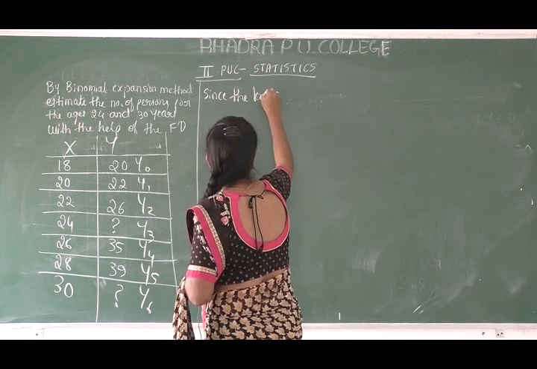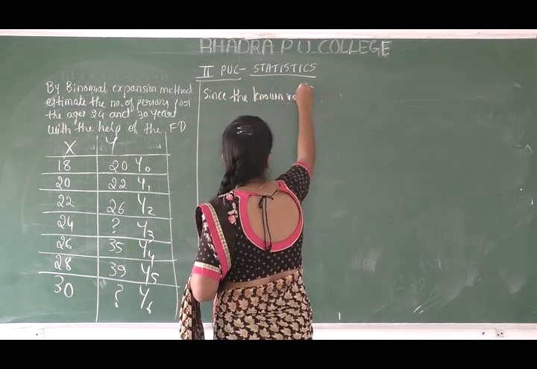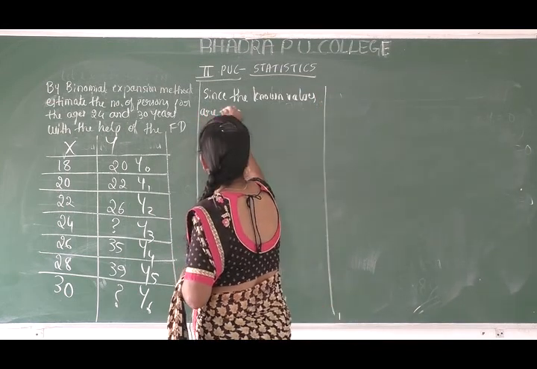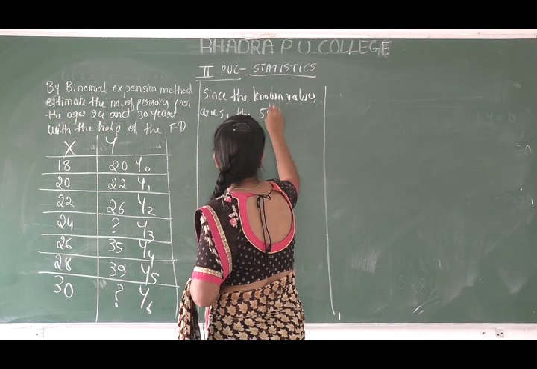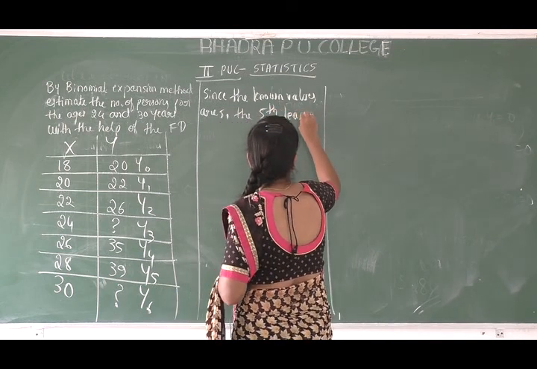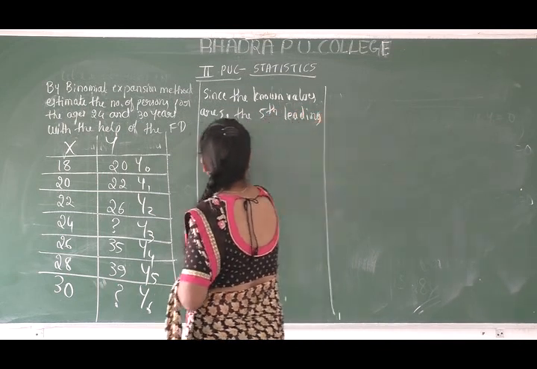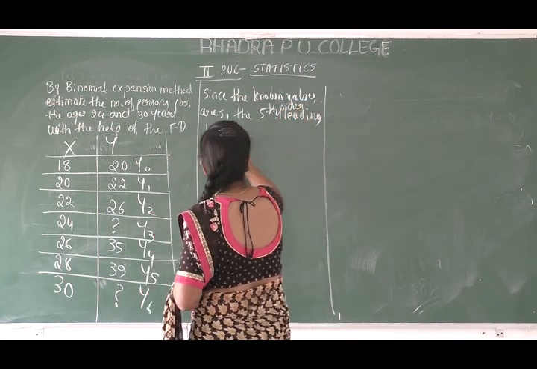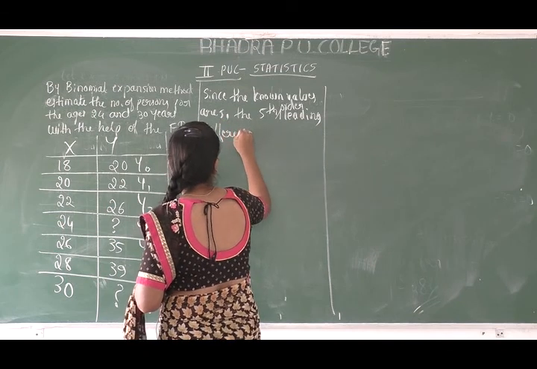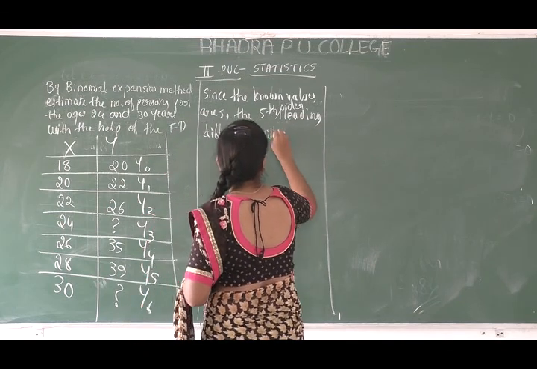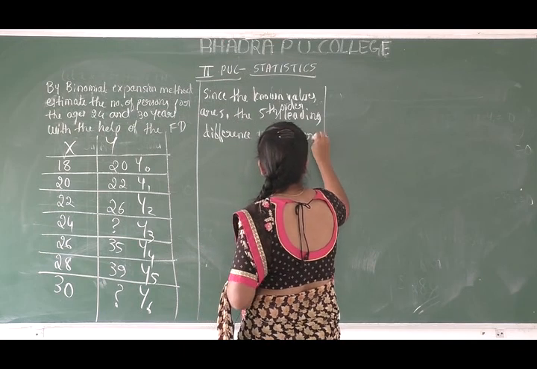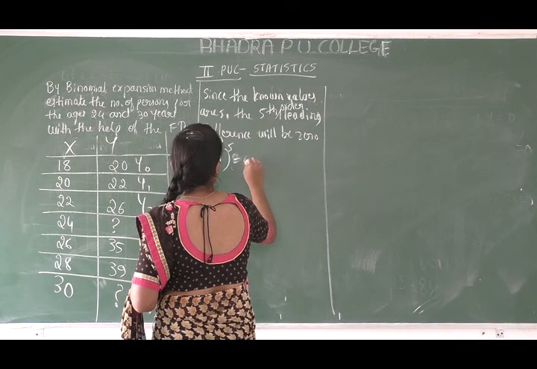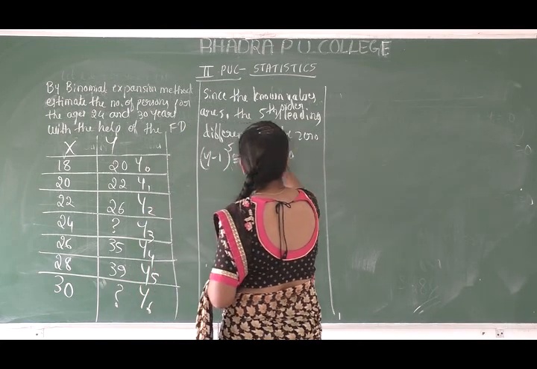Since the known values are 5, the fifth order leading difference will be 0. Therefore, (y minus 1) to the power of 5 is equal to 0, or delta 5 is equal to 0.